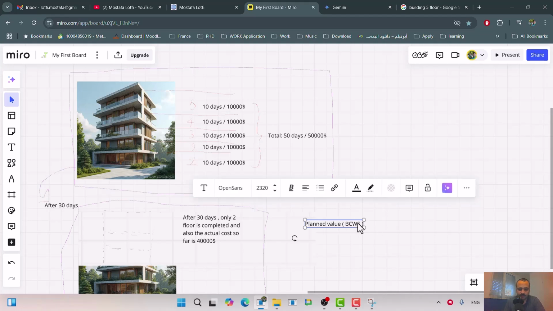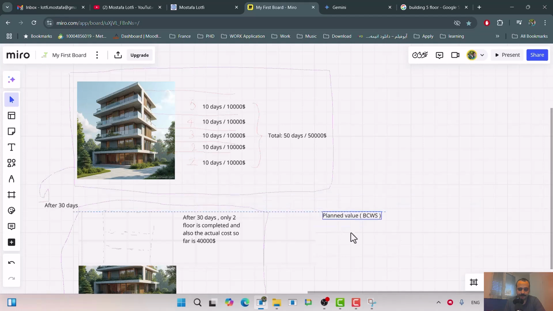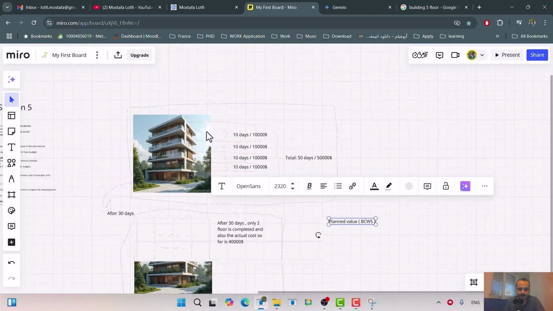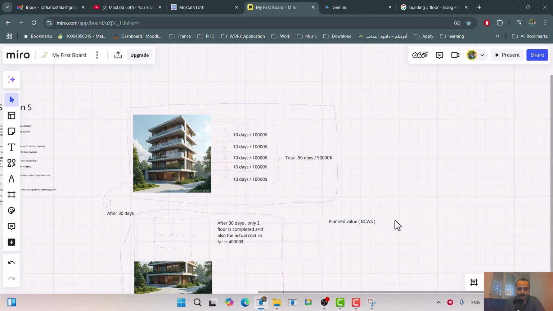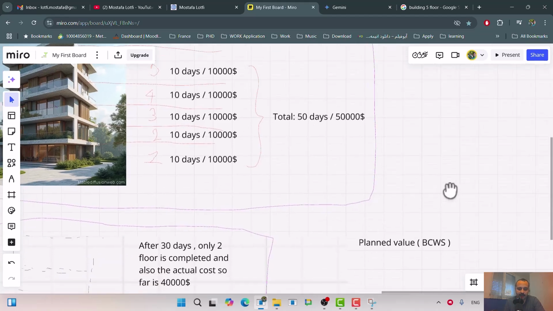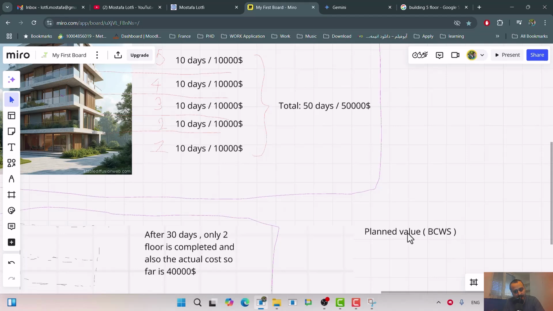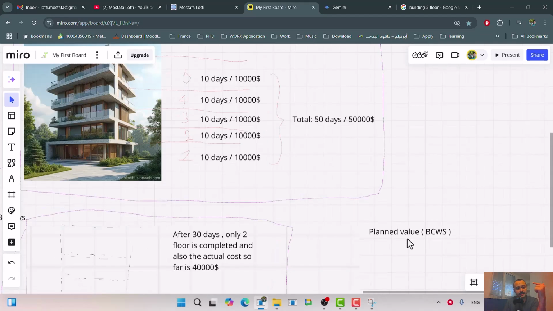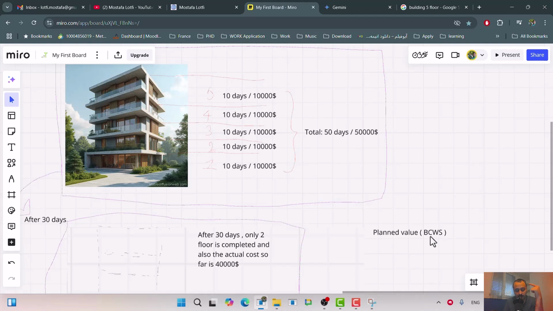In our case, remember, also don't confuse it here. This is the total, okay? Total for the whole plan, 50 days, 50,000. Okay. Now here, planned value is, let me repeat again, budget cost.